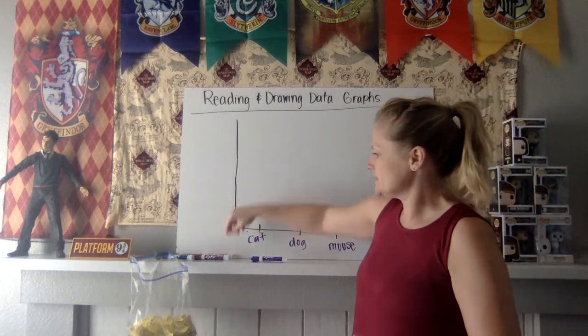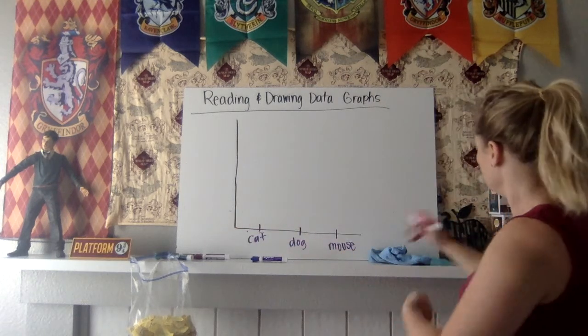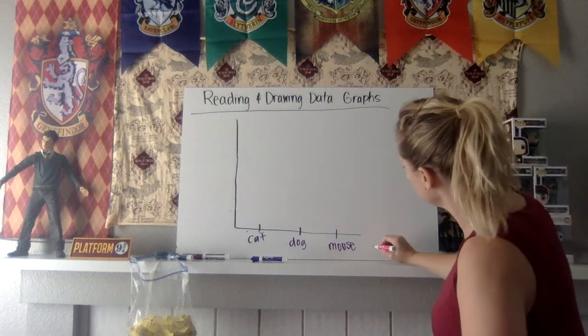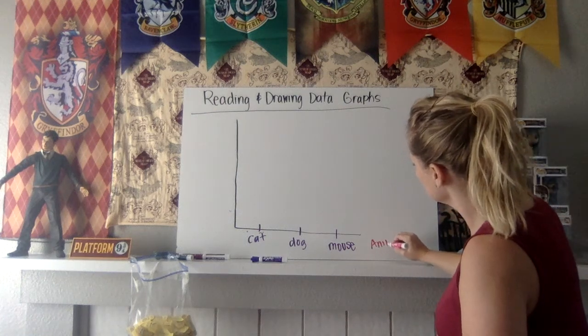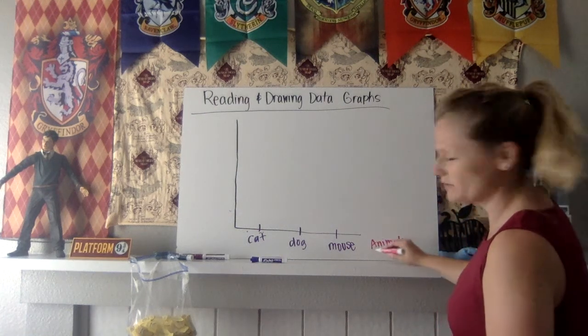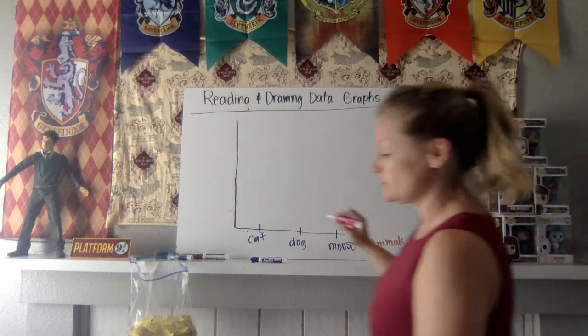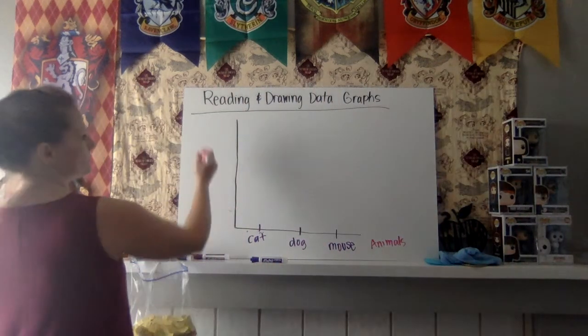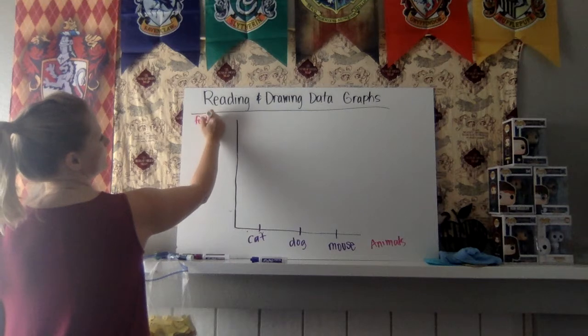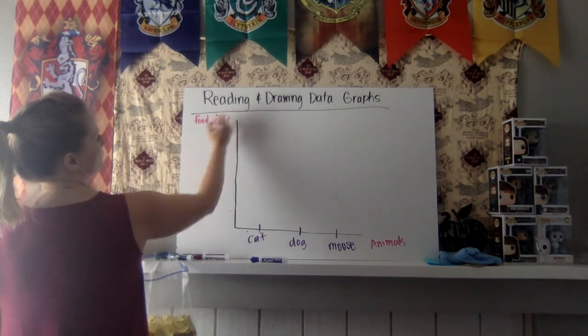On the vertical axis, we're going to label this animals. And you can just put your label off to the side. That's okay. So our label on the vertical axis will be food left in bowl.